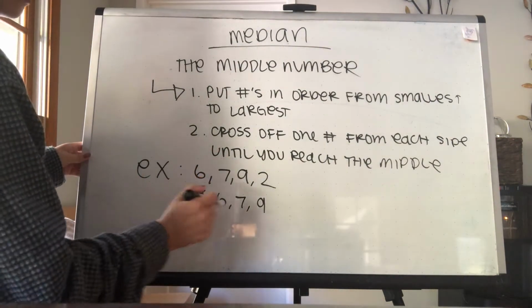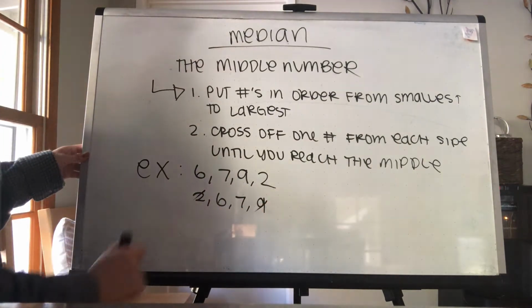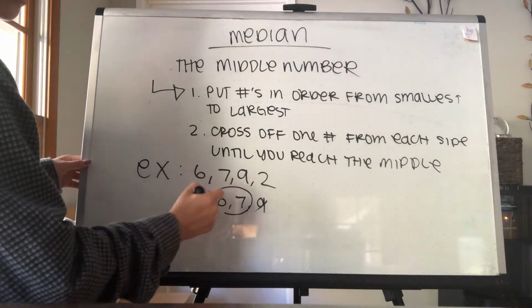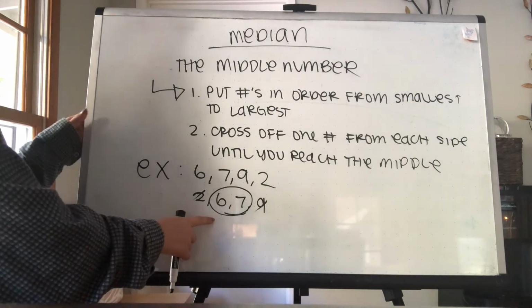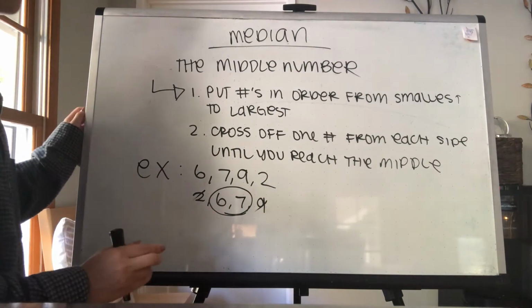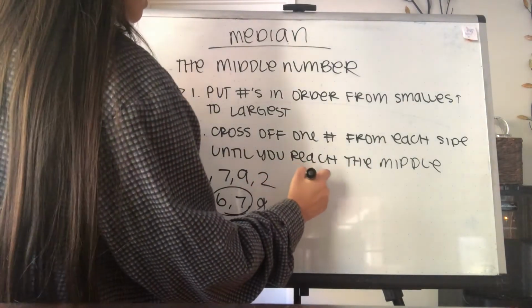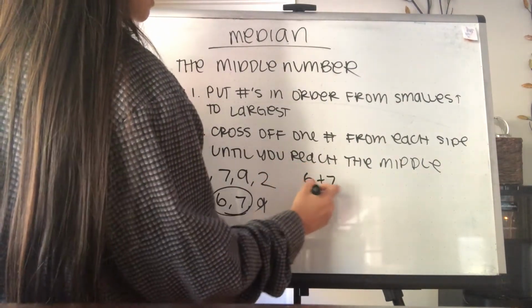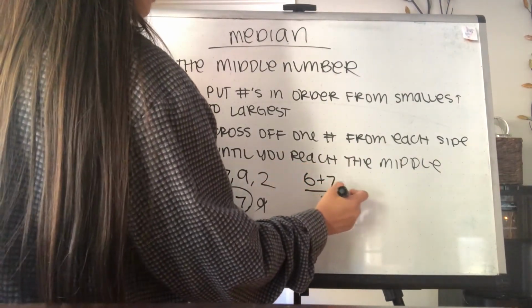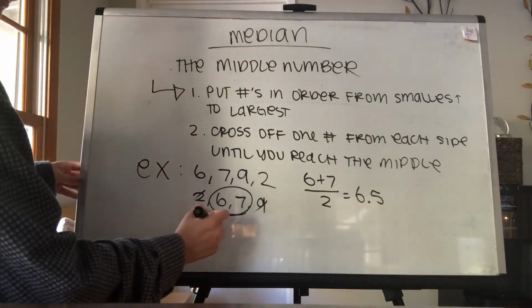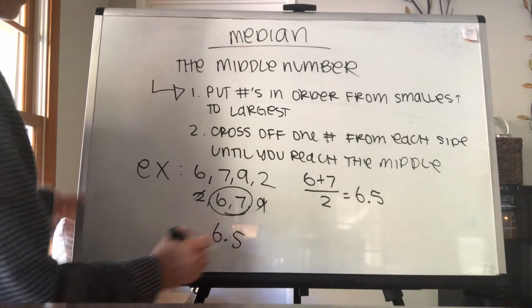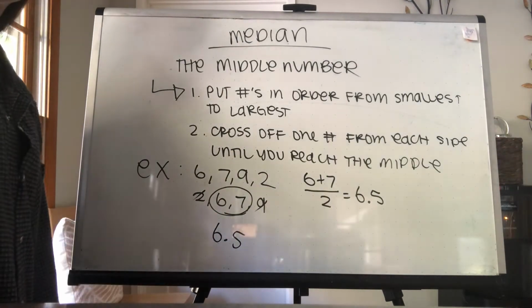So we're going to cross off 2 and then 9. But in the middle, we have 2 remaining answers. And if that happens, then what you're going to do is you're going to find the average of the 2. So you'd add up 6 plus 7 and divide it by 2. And so that is going to give you 6.5. So 6.5 is the median of this set of numbers.